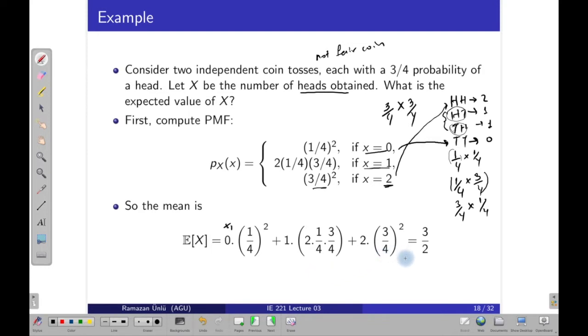So at the end, I will get the value of 1.5. That means my expected value of this experiment is 1.5.